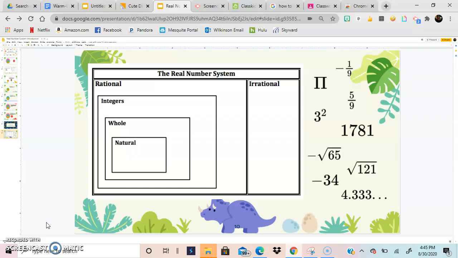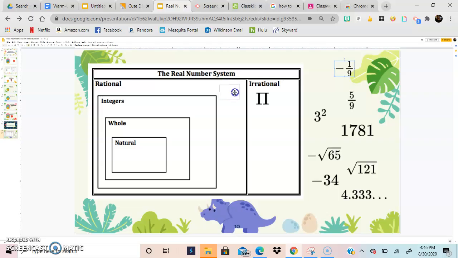Pi. Where would we place pi? Pi is an irrational number because it ends with a decimal that keeps going forever and has no pattern. Negative 1/9. Well, 1/9 is a fraction, and it is a negative fraction.